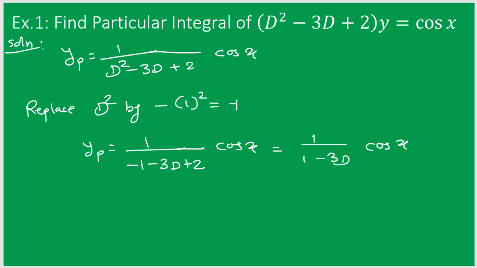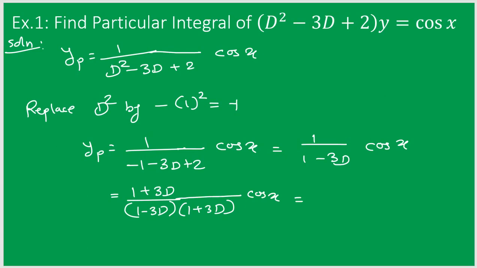Okay, now as we don't have D square in the denominator, either you can use the general method or you can still use this method, but for that we have to make D square in the denominator. So what we can do here is multiply and divide by 1 plus 3D, that is 1 plus 3D upon 1 minus 3D, which operates on cos x.